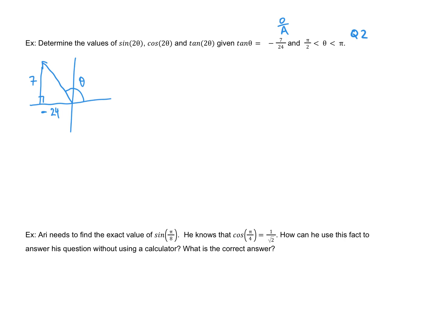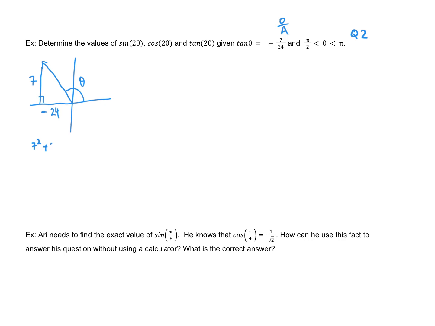If I want to find the exact values of sine, cosine, tan of the double angle, I do need to make sure I know sine, cosine, tan of theta first. And I know tan, but I need sine and cos as well, which means I need my hypotenuse. So I'm just going to do a little Pythagorean theorem here.